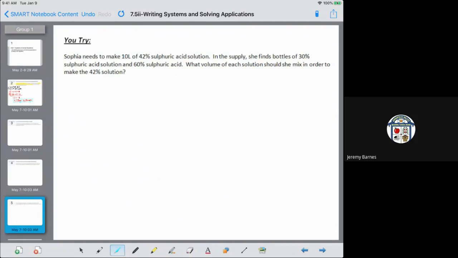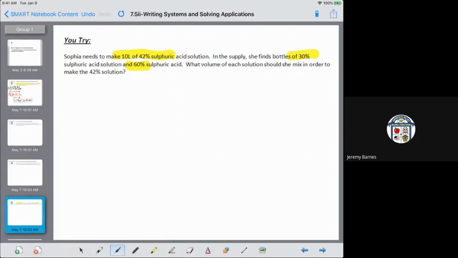So she wants 10 liters of 42% sulfuric acid solution, but she's only got bottles that contain a concentration of 30% and 60%. So we need to mix the two in order to get 10 liters of a solution that has 42% sulfuric acid.